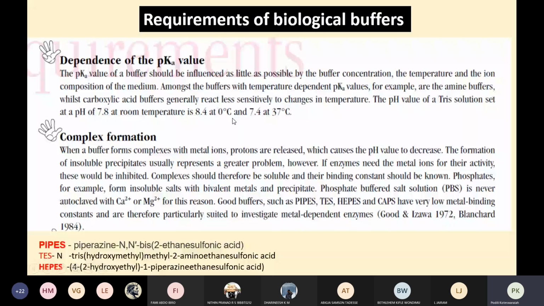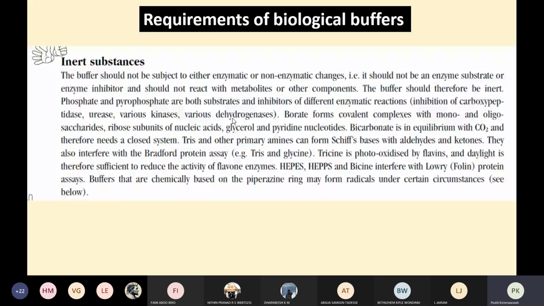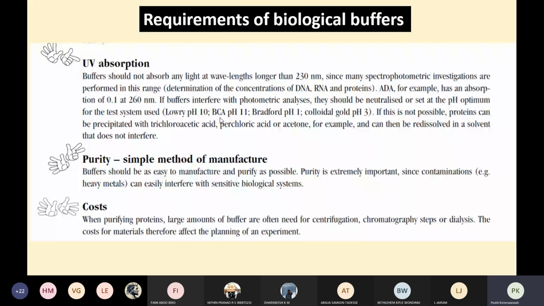They should not interfere with any biological process that takes place, and they should not absorb light in either the UV or the visible region. These are some of the requirements for biological buffers.